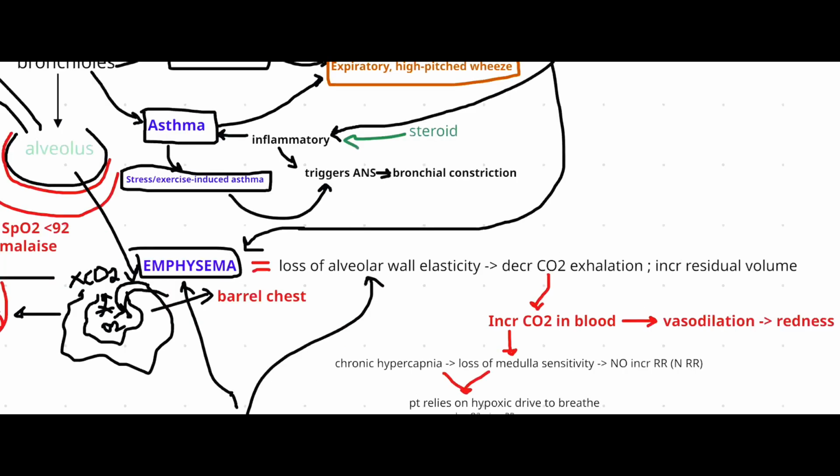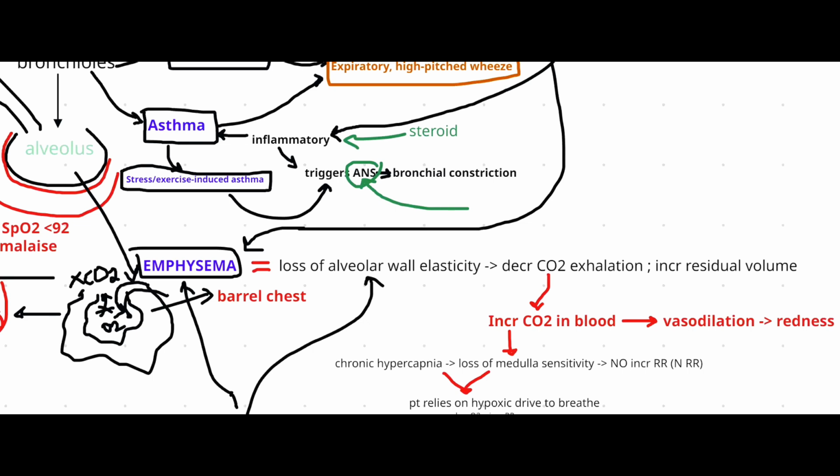Bronchodilation. What class is albuterol? Beta adrenergic agonist. So what does it work on? This one right here, right? So then we're going to give beta adrenergic agonist, right?